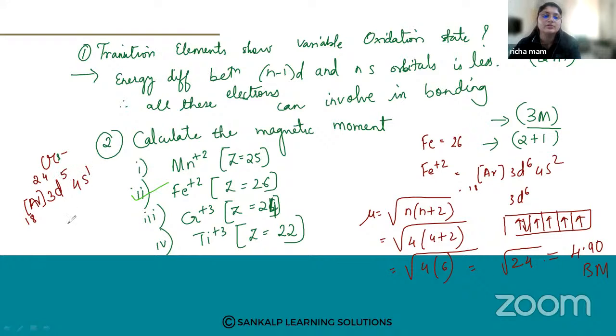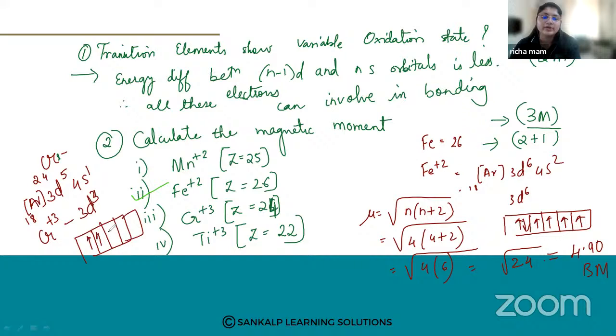3d5 4s1. So our chromium is plus 3, so it will be 3d3. So the number of unpaired electrons is 3.